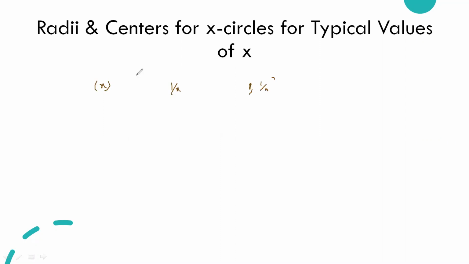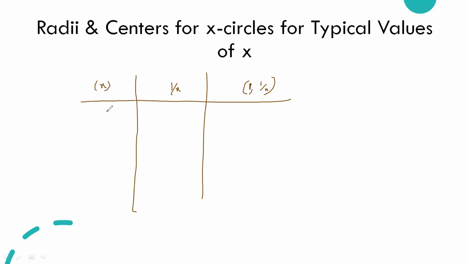Similar typical values we will consider here. So instead of only positive values as in the previous case, we will consider here plus or minus 1 by 2. I'll give you 5 seconds to think about why I have given this, so that I can write the remaining values in the meantime.